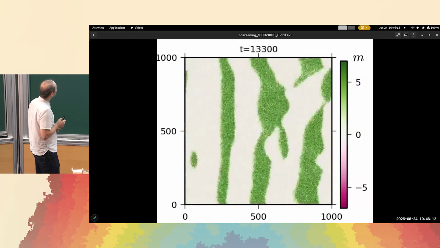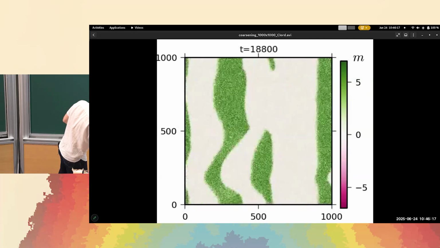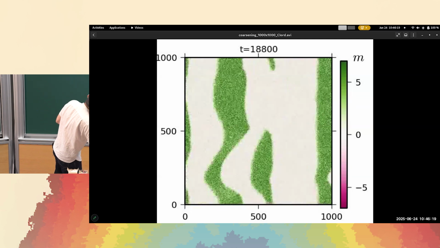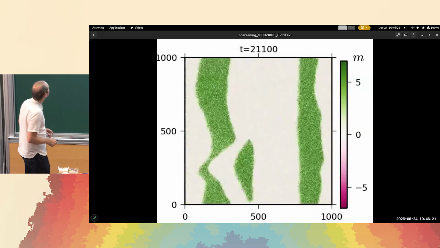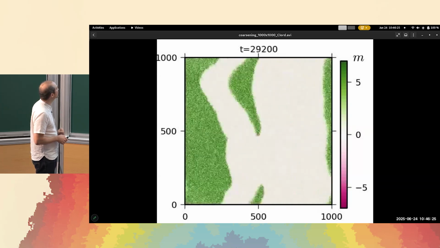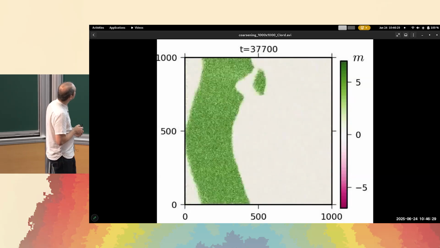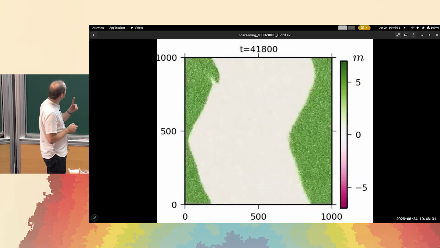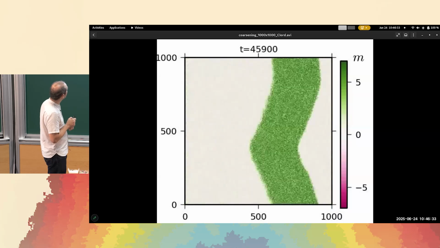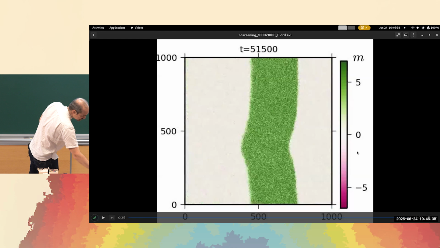As time goes up, I see that a number of bands form, and there is a coarsening process in which the big bands eat the small bands. At the end of my simulation, which will take some time, the big band has eaten the small bands, and this will come back later on, and I have a single macroscopic band that will relax towards something straight.